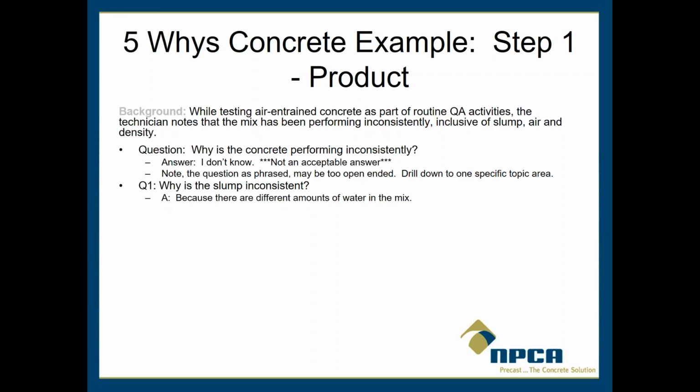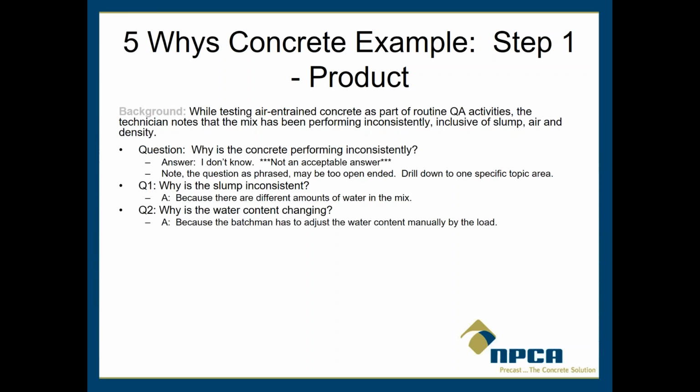I need to find out. So I know this to be the case in this case. It's not variable amounts of high range or anything else. It's different amounts of water in the batch, okay? So I get that answer. So why is the water content changing? Again, this is a logical next question based on the answer to the first one.